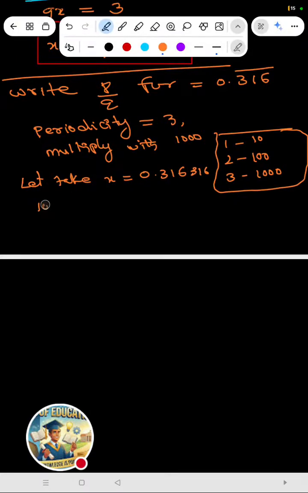So 1000x is equal to 316.316316, and x is equal to 0.316316, it continues.